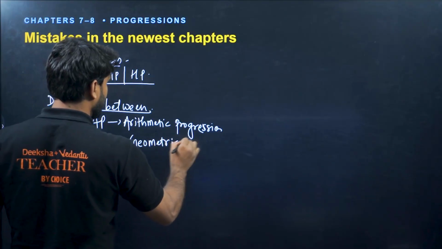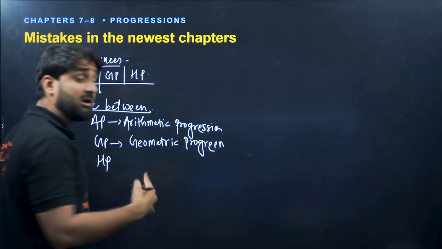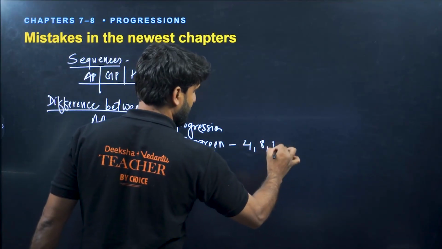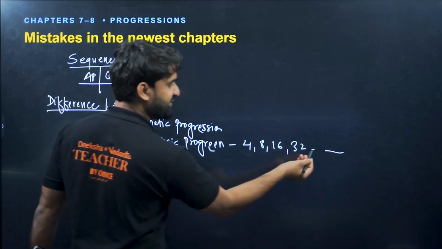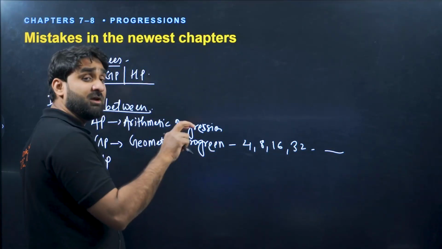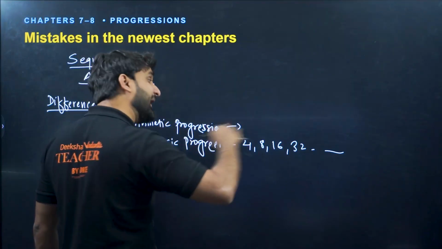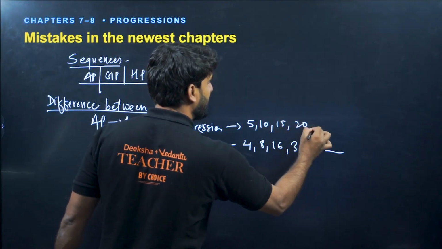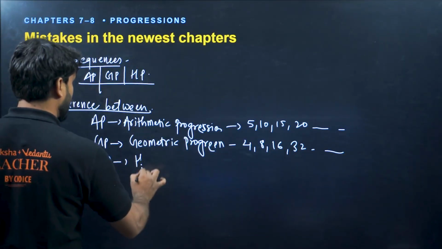This is when the numbers are in progression but in multiplicative form. For example, 4, 8, 16, 32. Look, 4 to 8, 8 to 16, 16 to 32. So the numbers are increasing but in multiplicative form. But AP is when the numbers are increasing in additive form. For example, 5, 10, 15, and so on. Look at the difference. And if I talk about HP, HP is called harmonic progression.